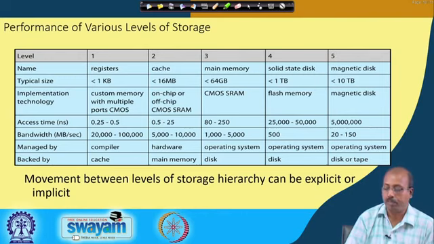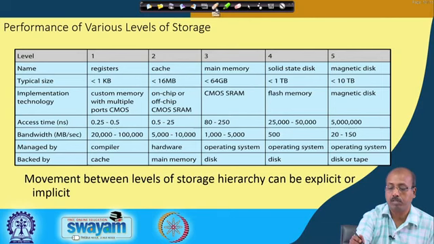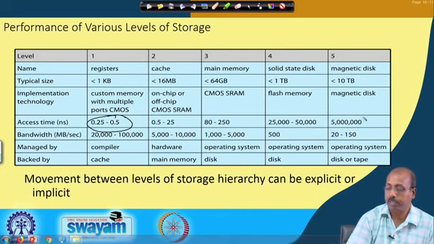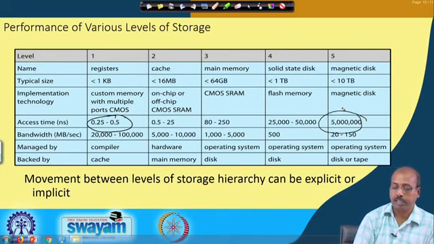Access time is an important factor. The access time of CPU registers is very small, in the range of nanoseconds, whereas for magnetic disk it becomes pretty high. Bandwidth, how many megabytes per second you can transfer, is highest for the CPU register and low for magnetic disk.